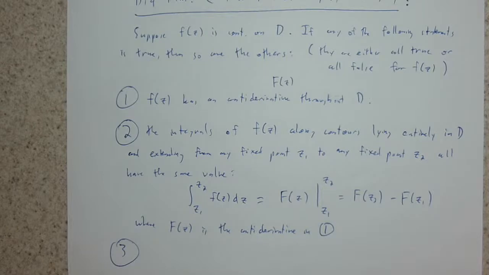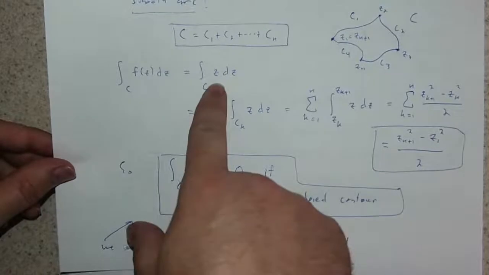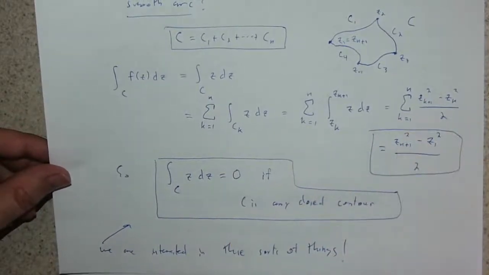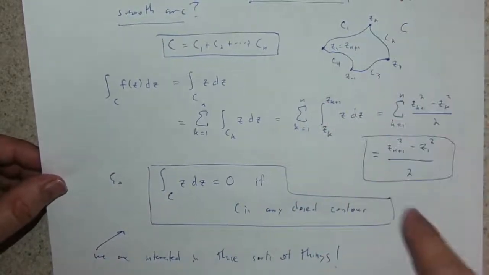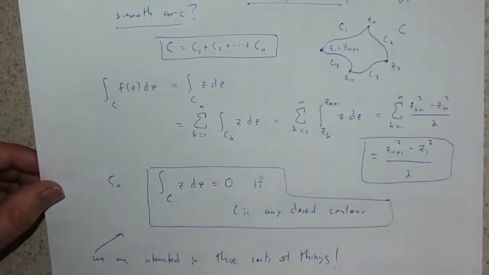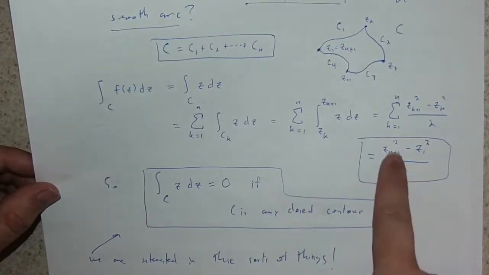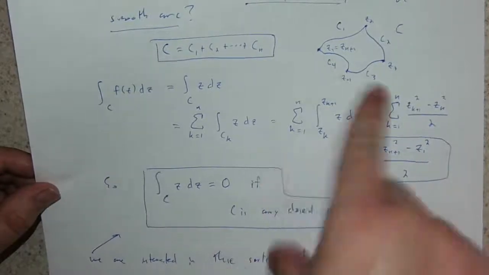So, our previous example, where we were integrating along contours z dz. We found that it didn't matter how we did this. We would end up with the exact same result: terminal squared minus initial squared over 2. It didn't matter what curve we took.